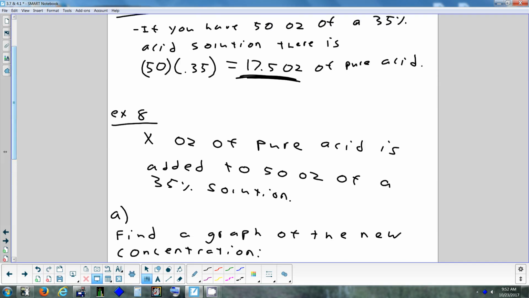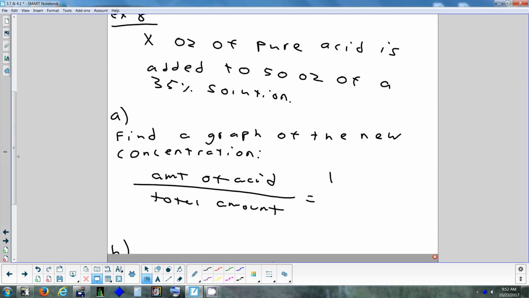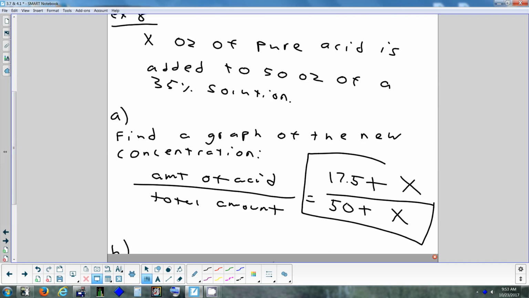You just use the same calculation we just did. So the amount of acid is 17.5, plus how much are we going to add? We're adding x ounces. So that's how much acid will be in the solution. And the total amount, well, we started with 50, and we're adding x. If you graph that, it will give you a graph of the concentration.